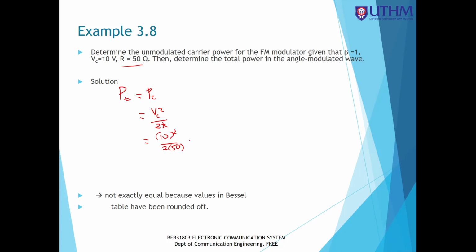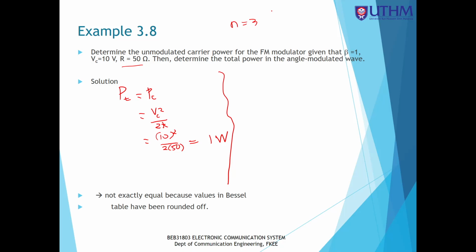So you're going to get 100 over 100, so 1 watt. Okay, 1 watt. But if I want to use the long equation, for beta equal to 1, n equal to 3, and we already know the J values.